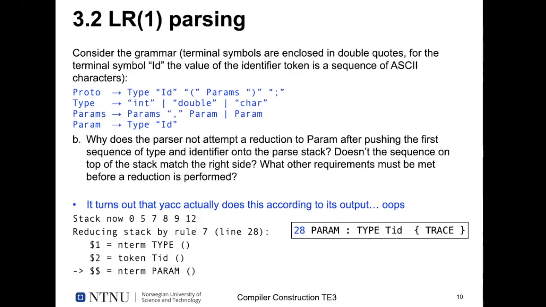So what's going wrong here? I have to figure it out, to be honest, because Yak is not an LR1 parser, but an LALR1 parser, so it's a bit of a different language class.